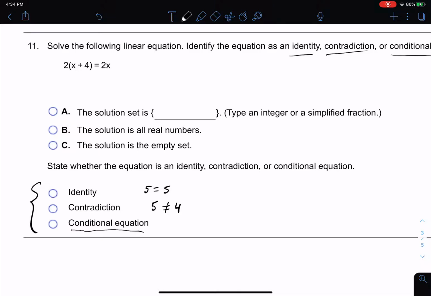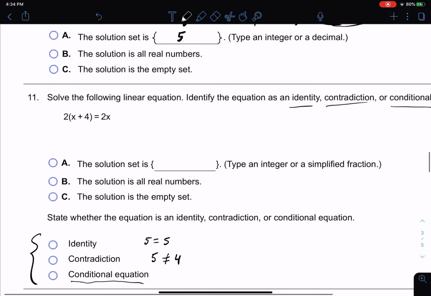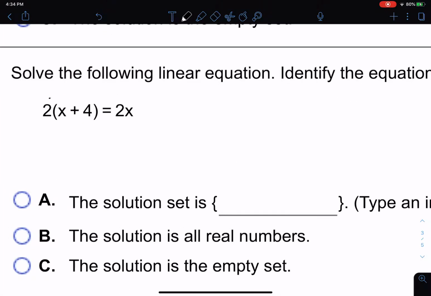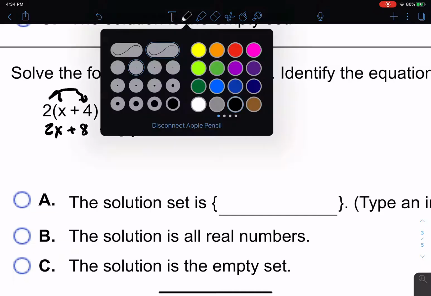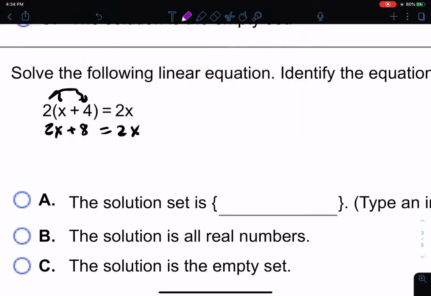Here we go. So we want to solve for x. Looks like we're going to need to use the distributive property. 2 times x is 2x, and 2 times 4 is 8. Some people might see something coming, but might not, because we're sort of in this robotic mode here. Let's get x's together, so let's subtract 2x from both sides.